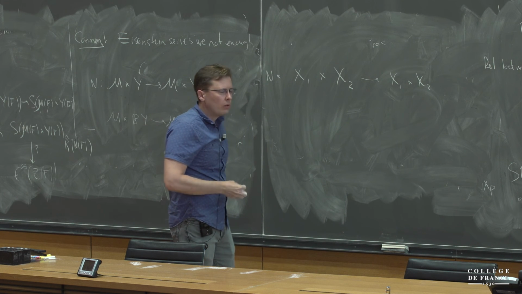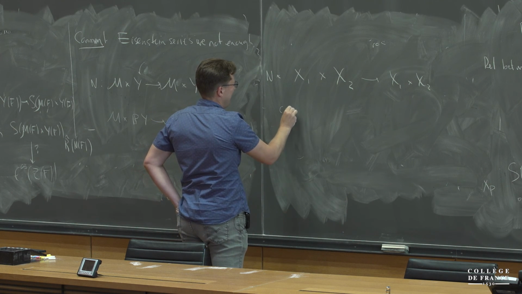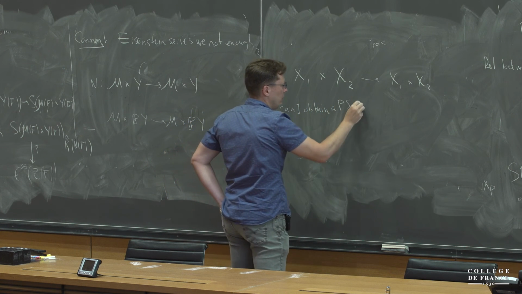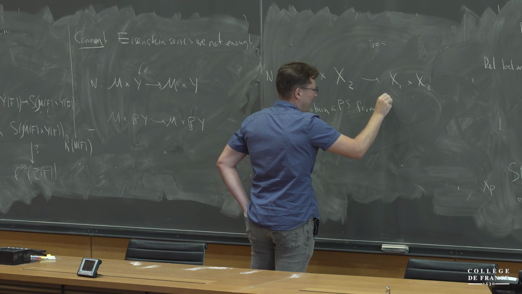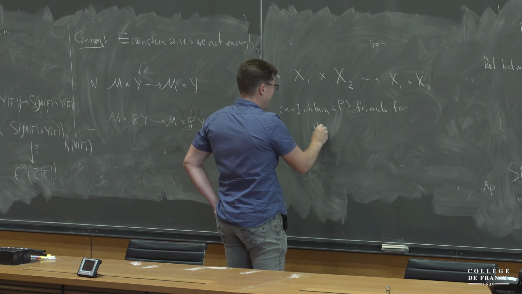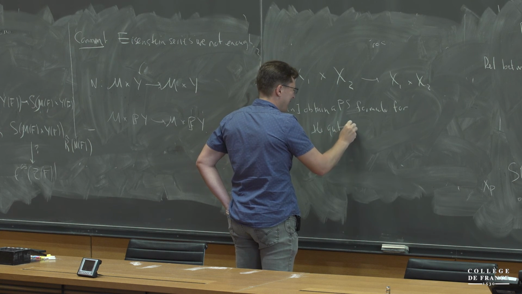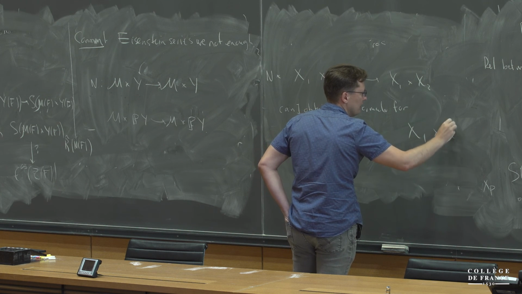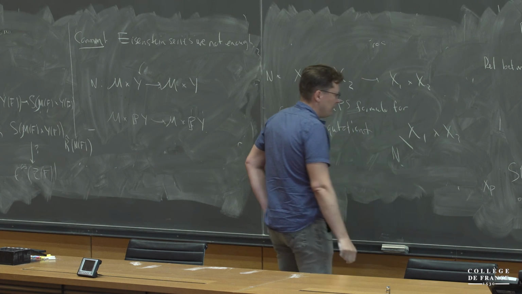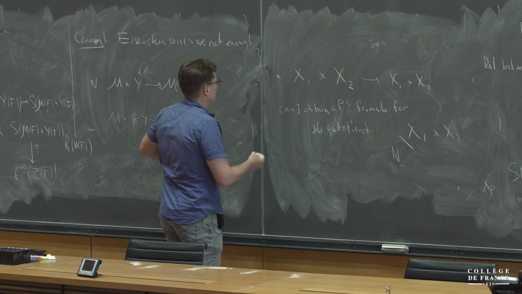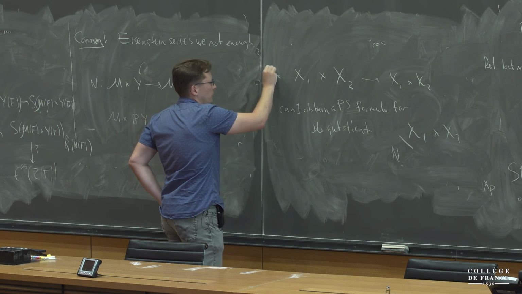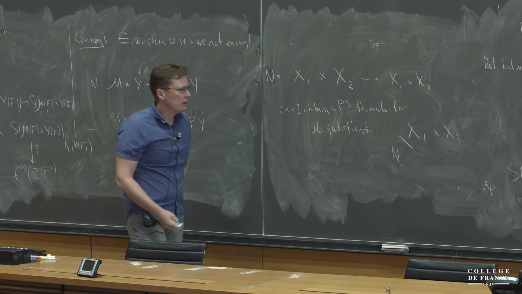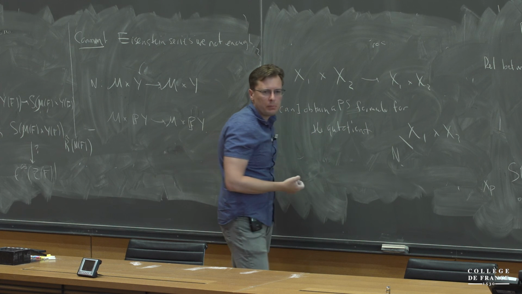Can I obtain a Poisson summation formula for the quotient? And it will not go back to the same space.